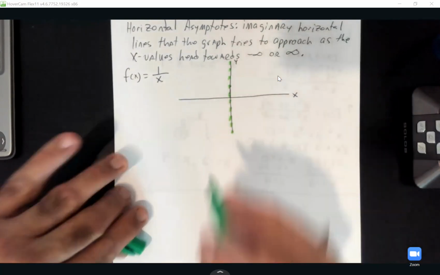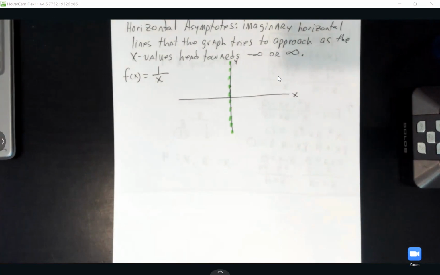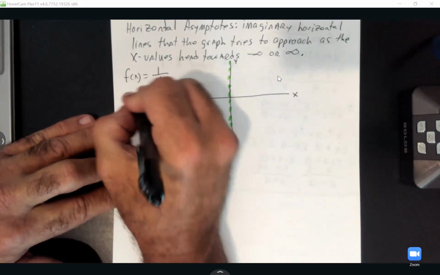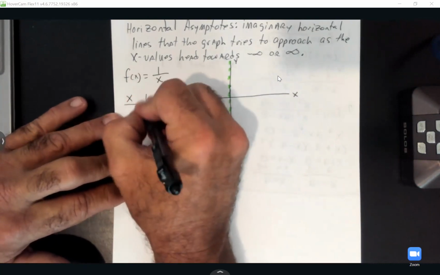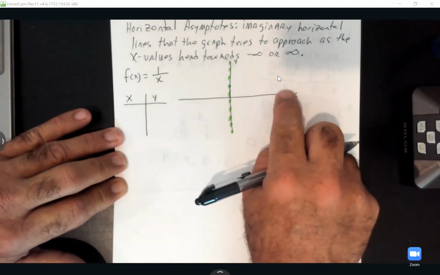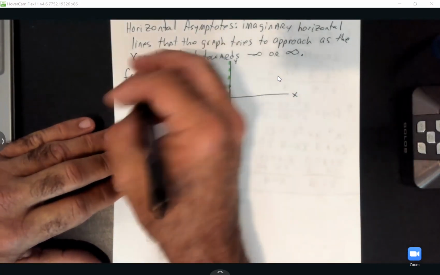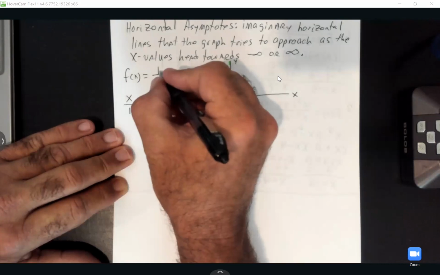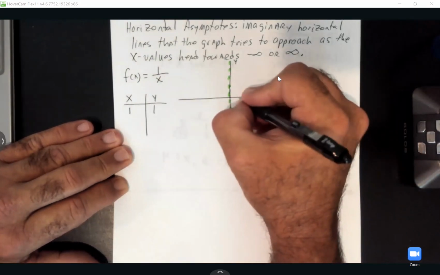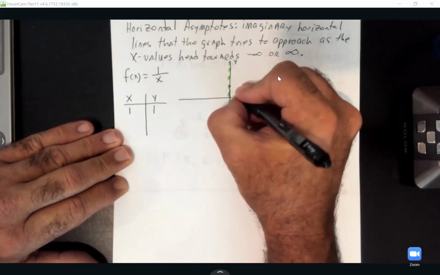So you would have a vertical asymptote there. But y'all, I want you to see what we're talking about when we look at a horizontal asymptote. And I'm just going to play with the right side of my graph, okay? So watch this. If X is 1, 1 divided by 1 is 1. So when X is 1, my Y is 1.